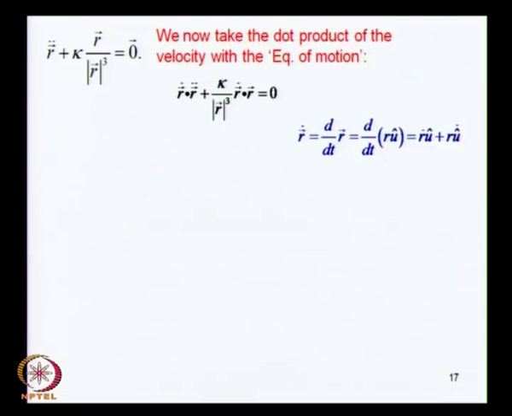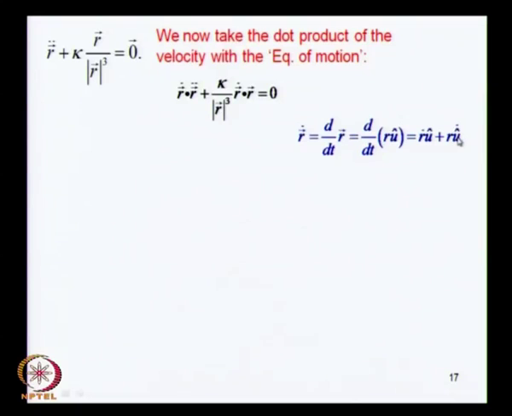Now we know what the velocity is. The velocity is the time derivative of the position vector, and the position vector has got a magnitude and a direction, but the direction of the position vector is not a constant quantity. So you must take into account the time derivative of the direction, which is u dot.